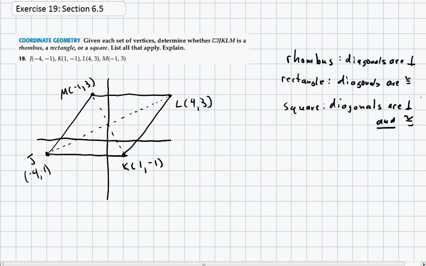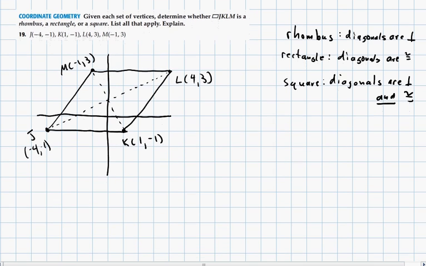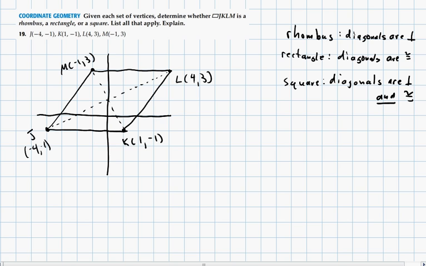Okay, so the first thing I'm going to do is the slope formula first, because that's easier to do. So let's do the slope of JL. That is 3 plus 1 over 4 plus 4. So that's 4 over 8, or 1/2.